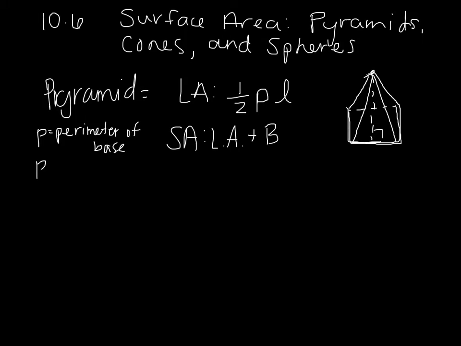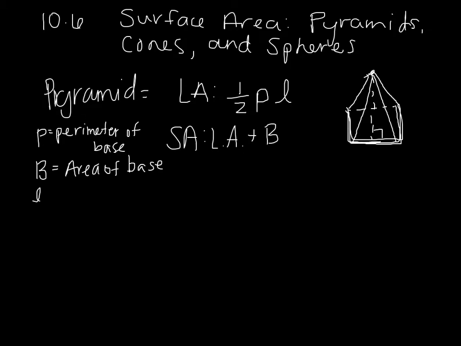And again, that capital B means area of base. Our base is always going to be the thing that this pyramid would be sitting on. And remember for pyramids, it's always going to have triangles going up to the top. So whatever is not one of those triangles going up to the top, that's going to be your base. Your base might be a triangle, but whatever is not one of those lateral triangles is your base.